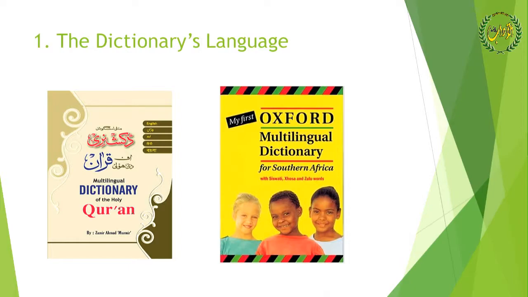For example, this dictionary of the Holy Quran. It is written in many languages, as you can see. It is in Arabic, Persian, Chinese, and other languages. Also, this multilingual Oxford Dictionary of Southern Africa has 3 languages, Swahili and Zulu and another language.